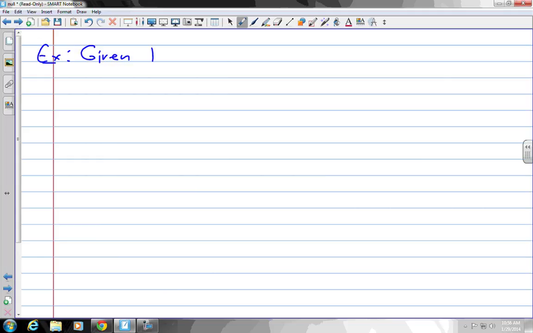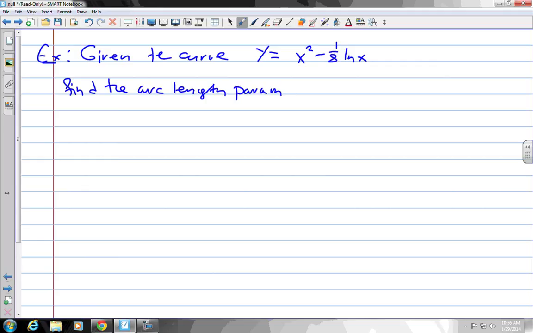So given the curve y equals x squared minus 1/8 ln of x, find the arc length parameter starting at the point (1, 1).